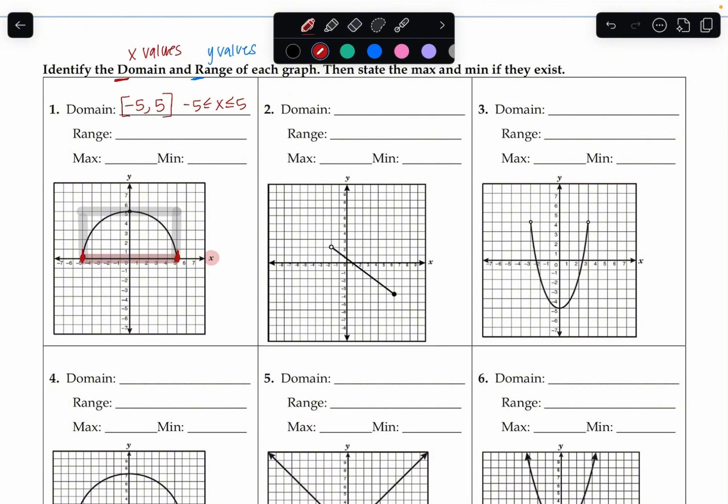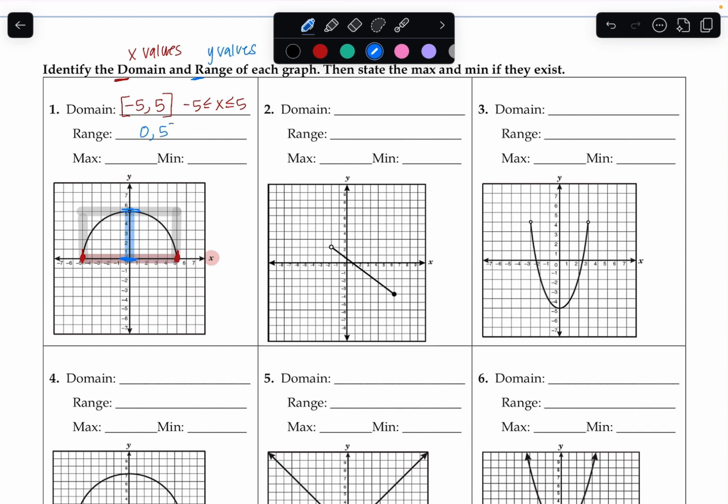It's a sandwich inequality. And then for our range, we're scanning from bottom to top along the y-axis. You're looking for where the top of your box is and where the bottom of your box is. The bottom of my box would show up at 0, and then the top of my box would be at +5.